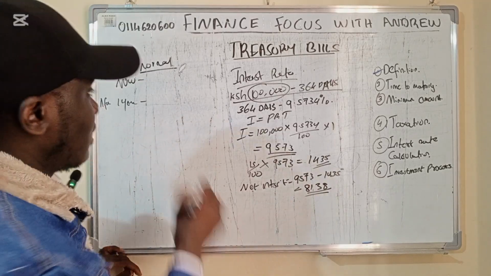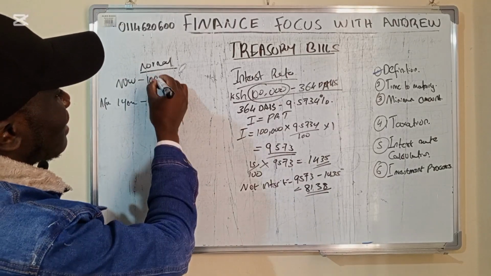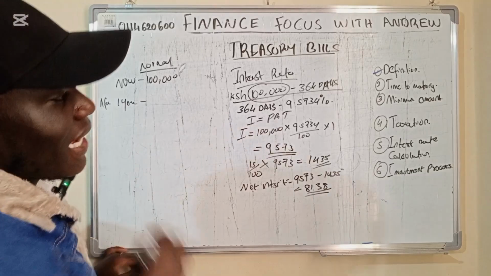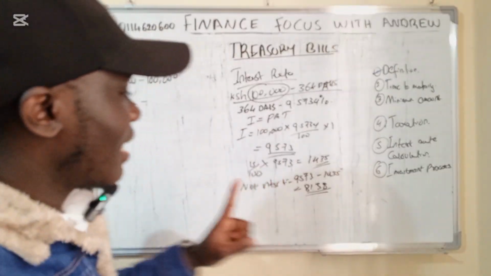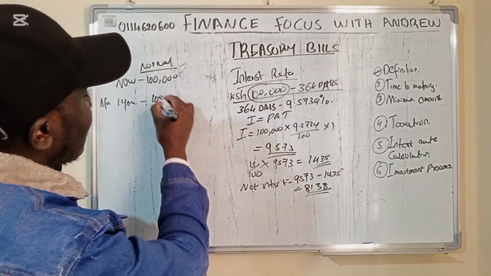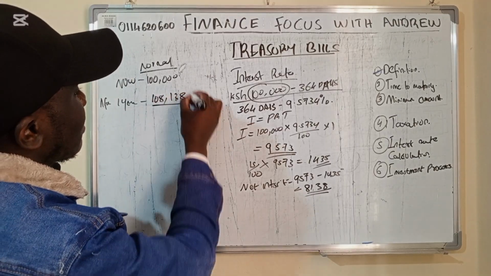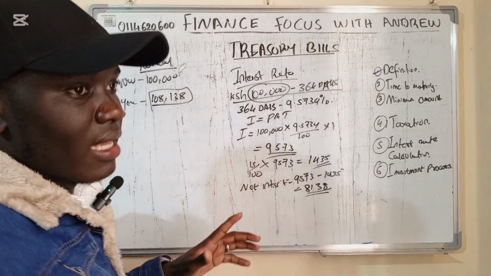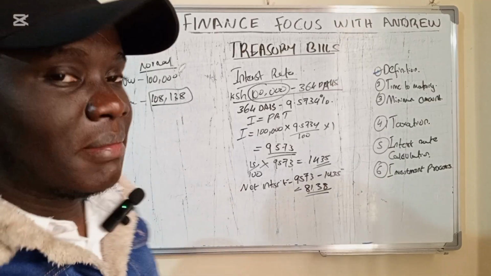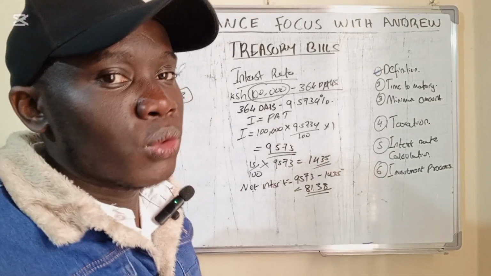What you will do is that you would give 100,000 right now, and at the end of the 1 year, you would get 108,138. This is the kind of investment that a lot of people are used to.